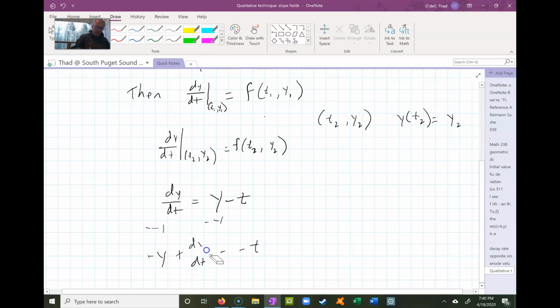So this differential equation is not separable. So our old technique, separation of variables, is not going to work on this. So we need some other way to access it.